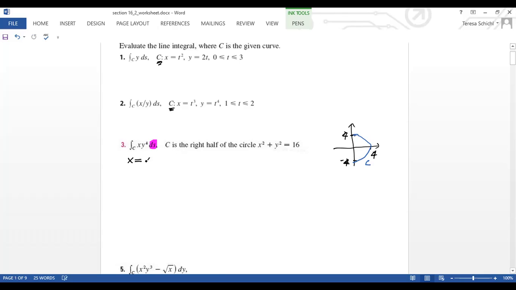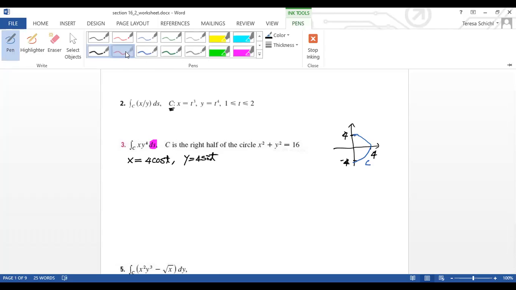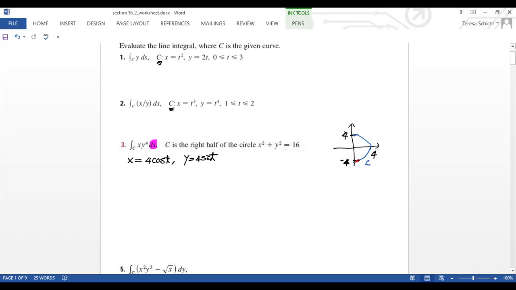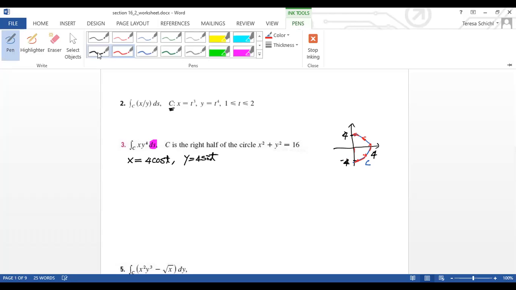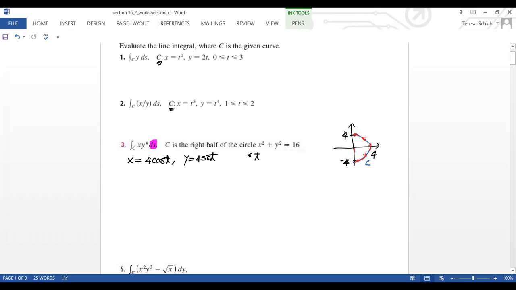So I can define x equal to 4 cosine t and y equal to 4 sine t, which is our typical way to define circles. Now t starts here and moves along the curve. The angle here is negative pi over 2, so t starts from negative pi over 2 and goes to positive pi over 2.